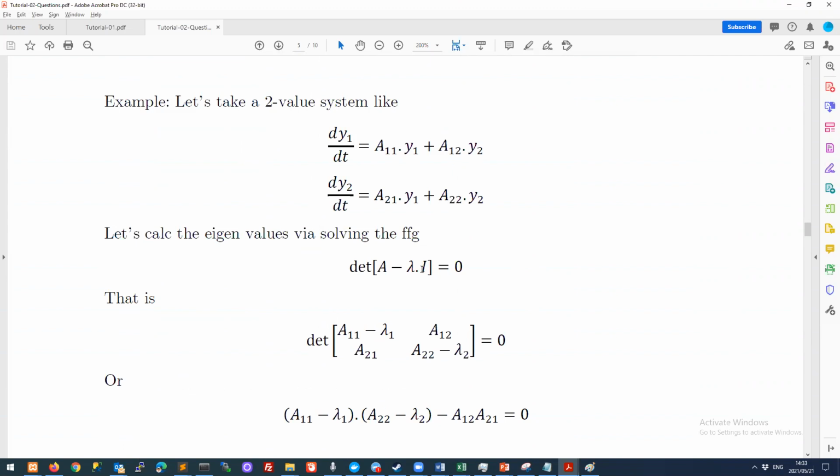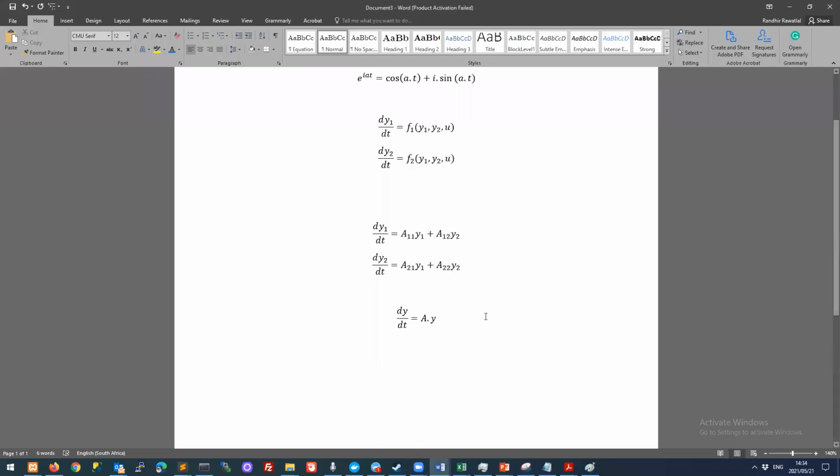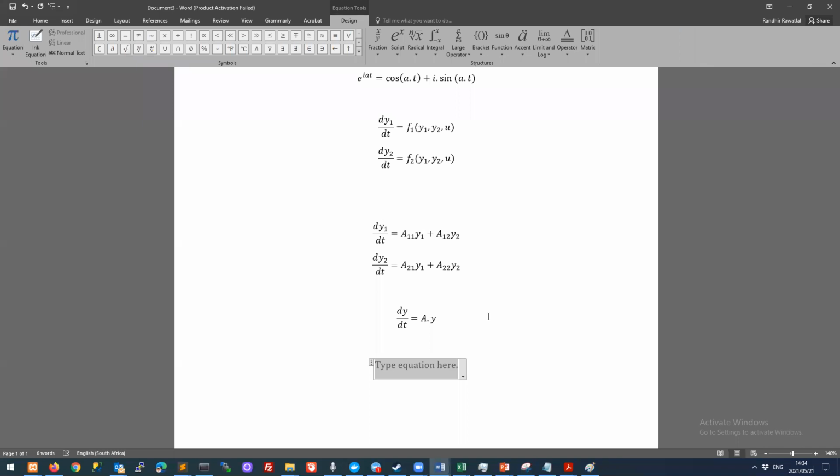If you recall your second year linear algebra, if you have a linear system of equations like this, then the way to get the eigenvalues of that matrix A is to determine the solution of the determinant of A minus lambda I, where I is the identity matrix. Maybe the way to see that is like this: A minus lambda I equals. So there's this matrix first.